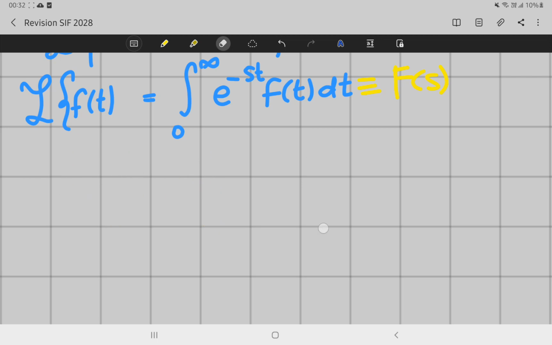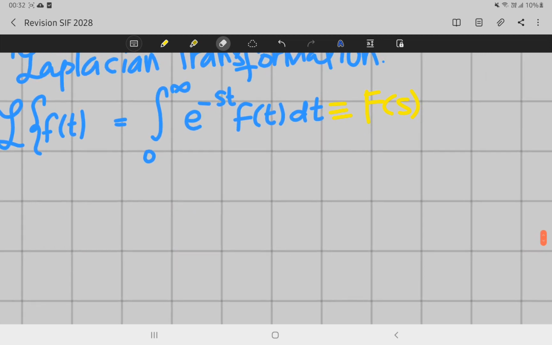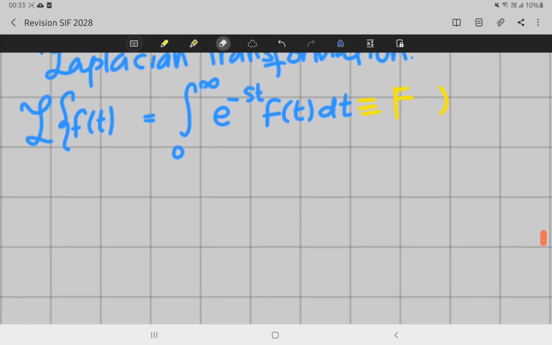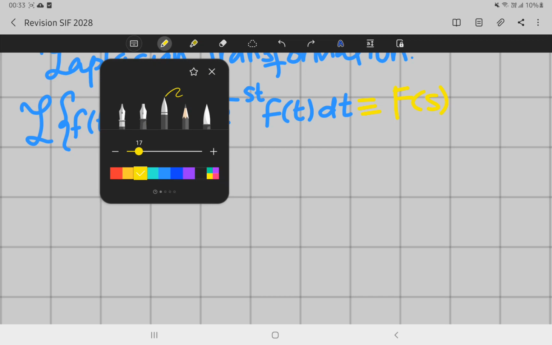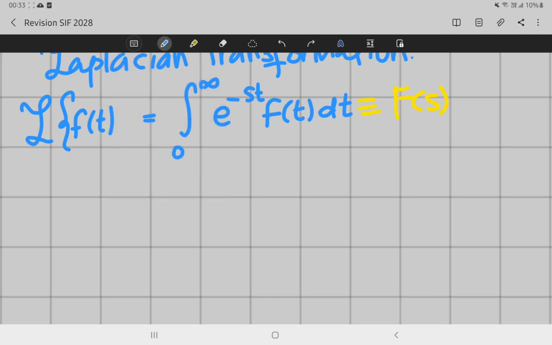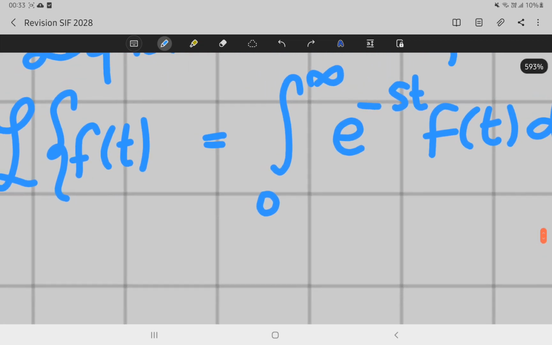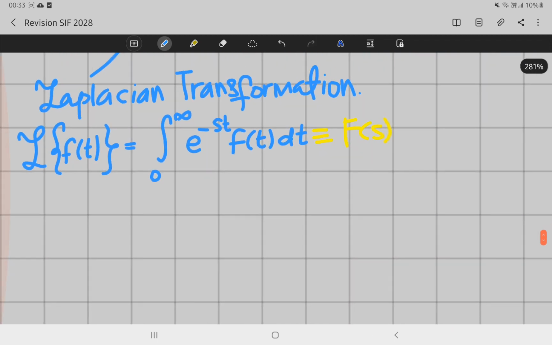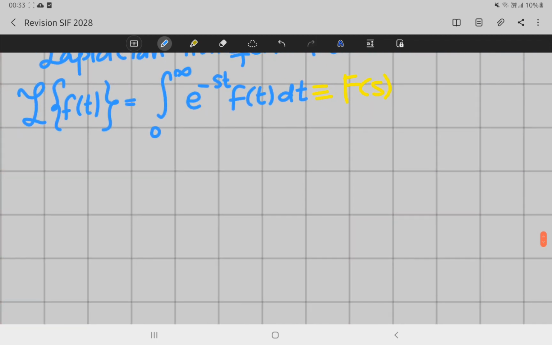So we don't have the formula; this course does not offer to teach finding the inverse transform back to the original f of t function, right? That's why we ignore it first.